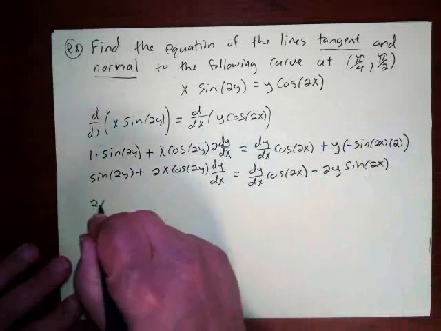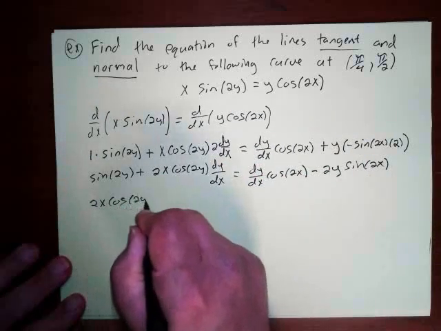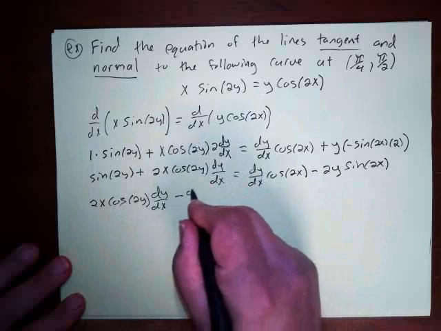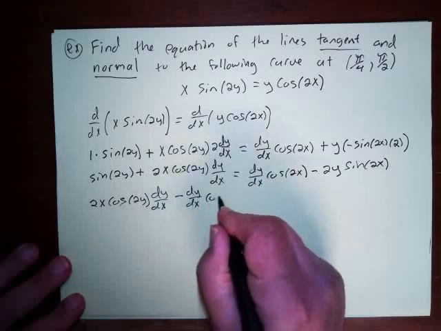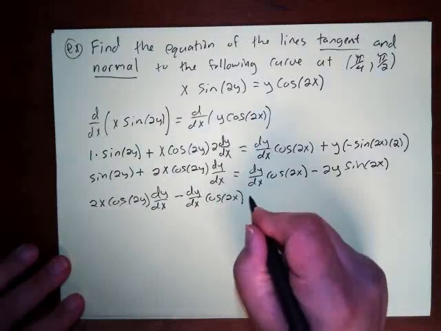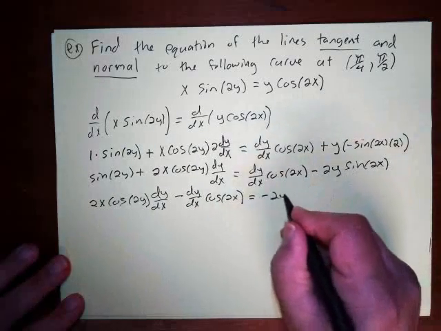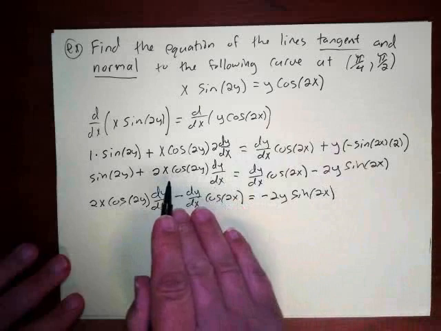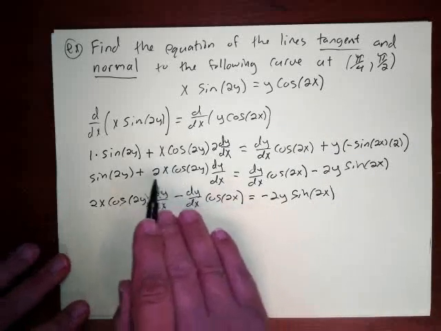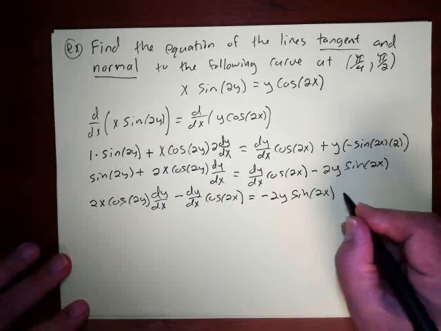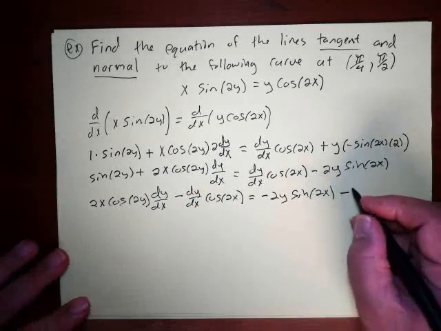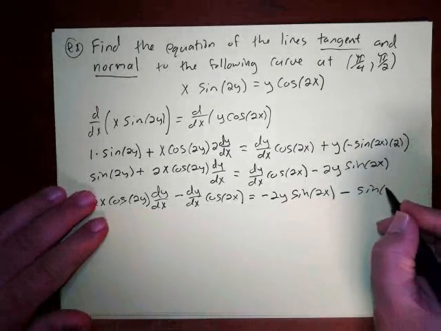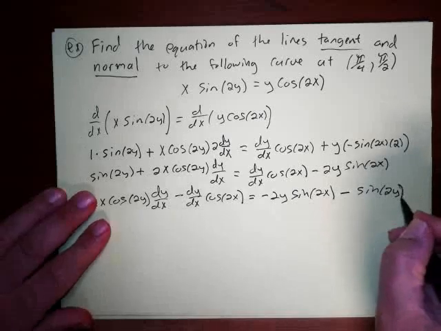Doing that, I'm going to get 2x cosine of 2y dy/dx, and then bringing this over, minus dy/dx times the cosine of 2x, is equal to the opposite of 2y sine of 2x, and then I can bring this over to the other side, and I get a negative sine of 2y. So it would look like that.